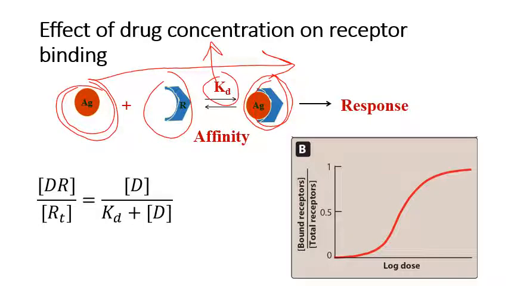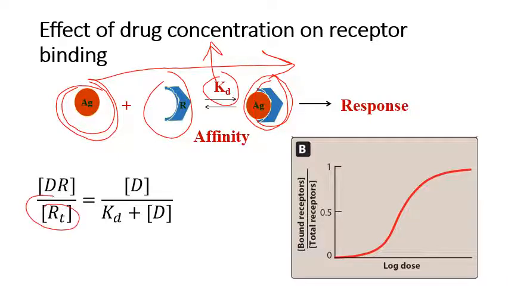This can be determined by this equation, where DR is the drug receptor complex concentration and RT is the total concentration of the receptors, which is equal to the sum of the free concentration of unbound receptors and bound receptors.